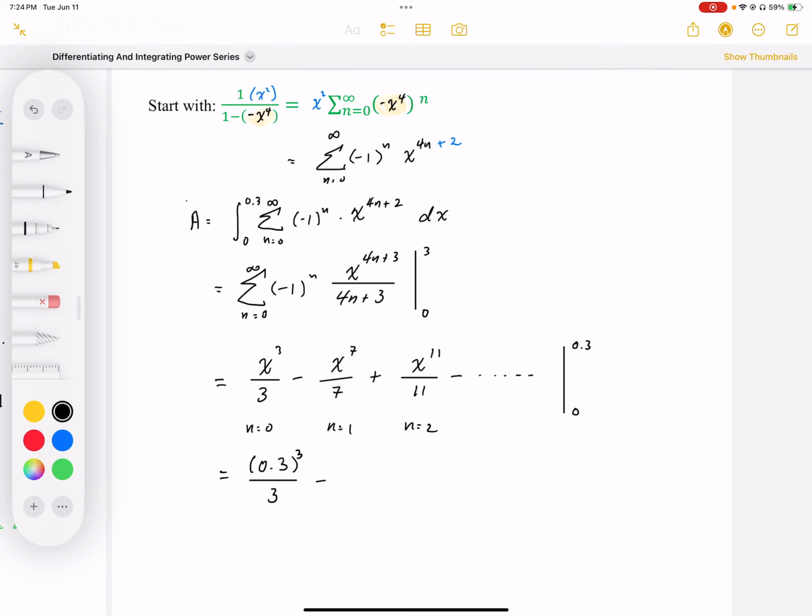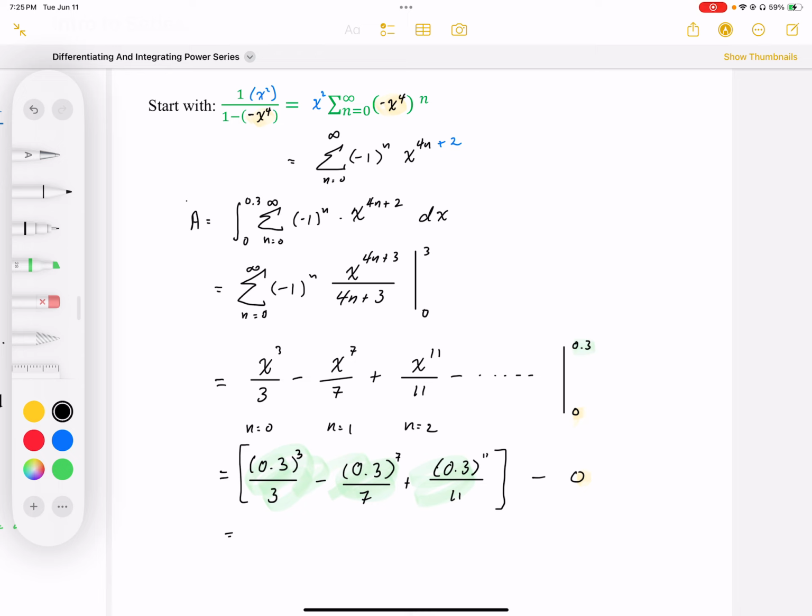So 0.3 cubed over 3 minus 0.3 to the power 7 over 7 plus 0.3 to the power 11 over 11. Okay, and then there's a minus the 0 part of it. If you're wondering where that 0 is coming from, it's when I plug in 0, and this part here is all when I plug in my 0.3.